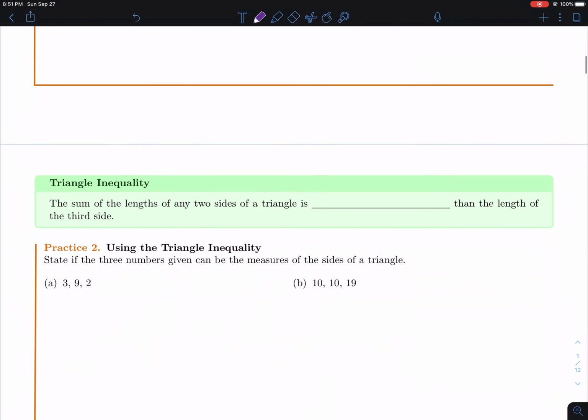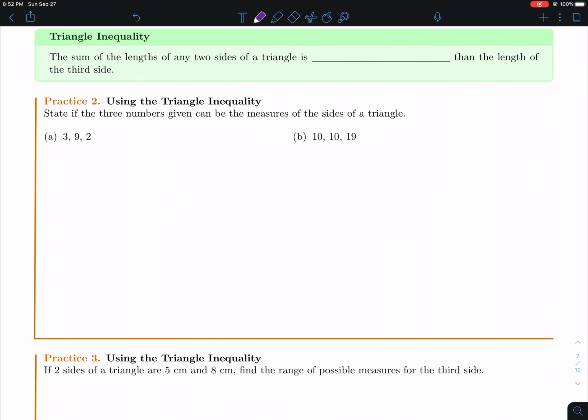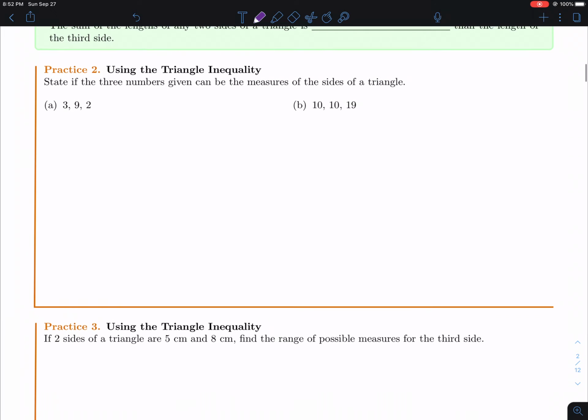Hopefully you'll discover what the triangle inequality is, so I won't give it away right away. There will be a little PowerPoint slide, but I'd recommend you watch that at the very end and see if you can come up with these on your own. Then there's a little practice problem to test the triangle inequality and see if something would actually be a triangle.